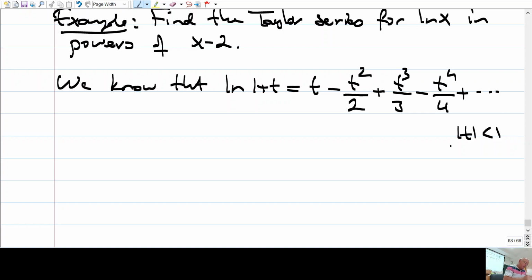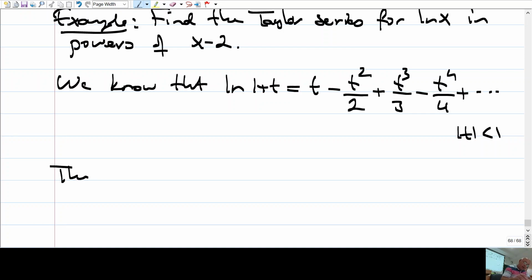So this was valid for absolute value of t less than 1. So let t equals x minus 2, then... no, let's do it this way. I'm sorry. Okay, let's do it this way.